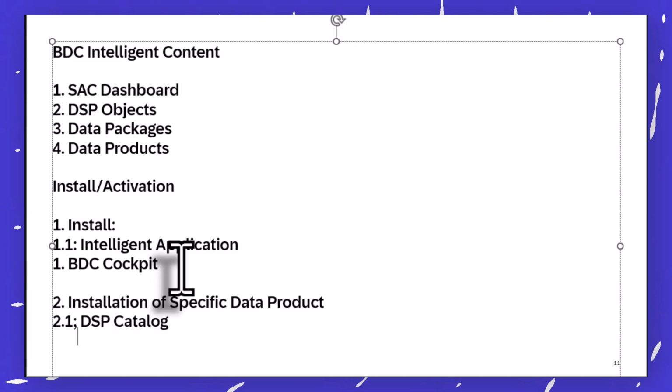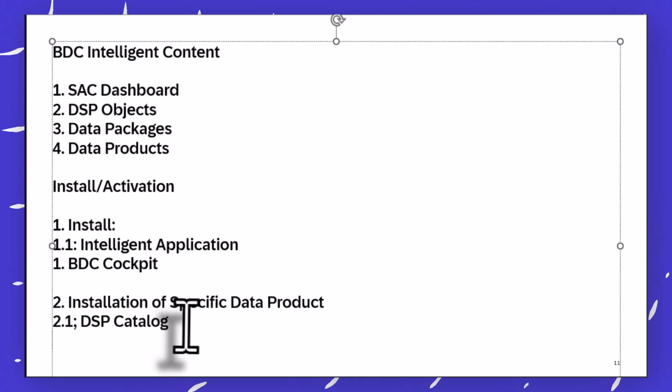From the Data Sphere catalog, all the available data products are discoverable. You can search for a specific data product and then you can trigger the activation. Once you activate the data product, it brings that source data from a source system to your foundation service. So these are the two things you can install.